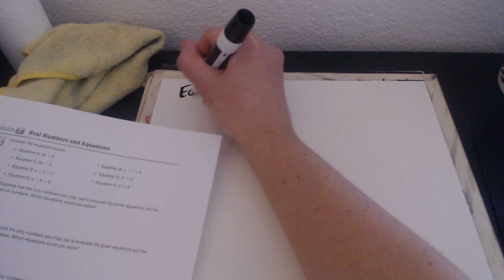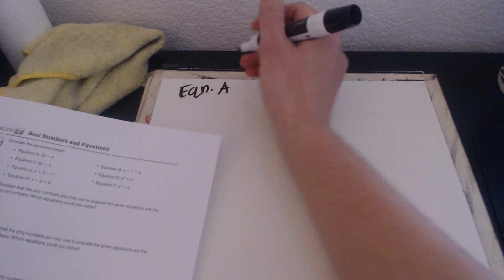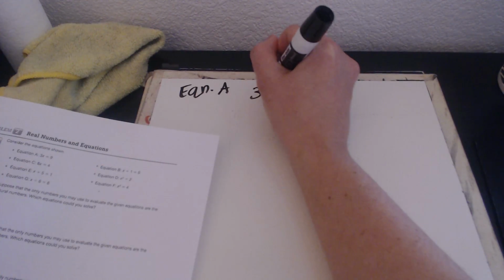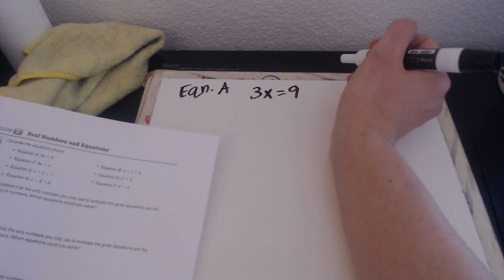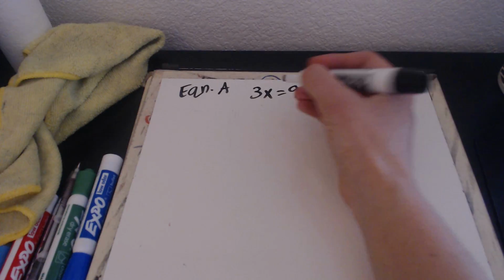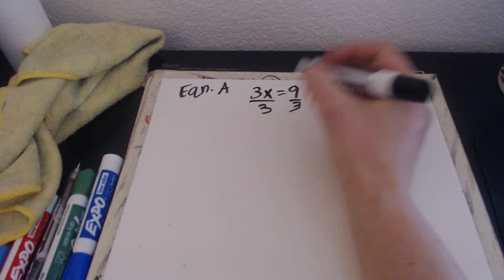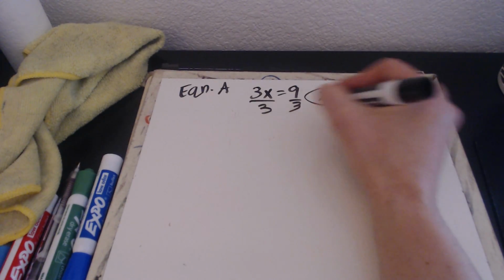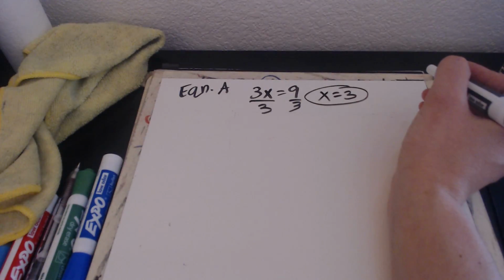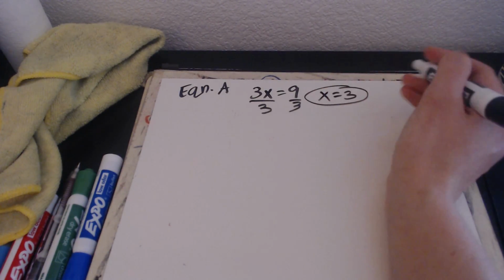Here's equation A. Equation A is 3x equals 9. If we were to solve this for x, obviously we would divide both sides by 3, and x would equal 3. I want to know, is 3 a natural number?